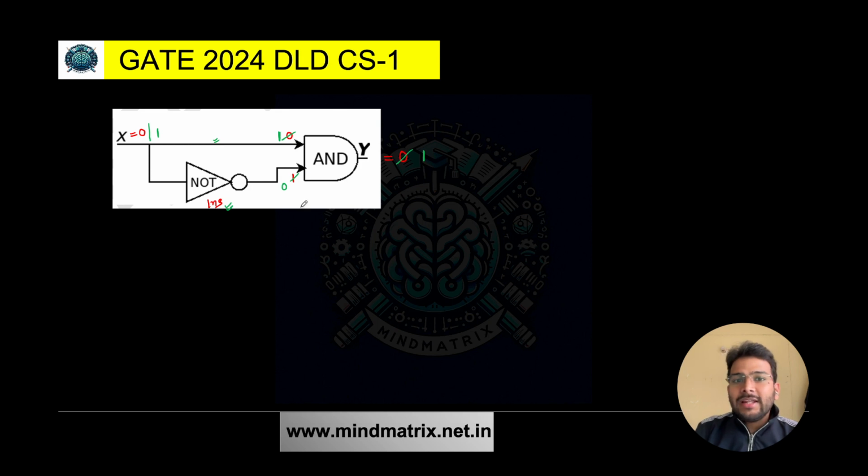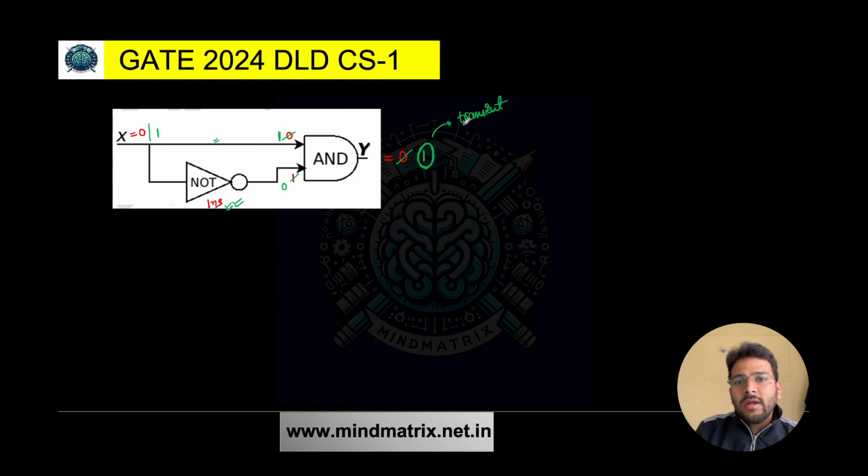Right? Then in that case, what will be the output? It is going to become 0 now. So is it true that with propagation delay, there is a transient just for some amount of time, let's say for 1 nanosecond, the value of y was 1, logic 1. That means this was a transient.